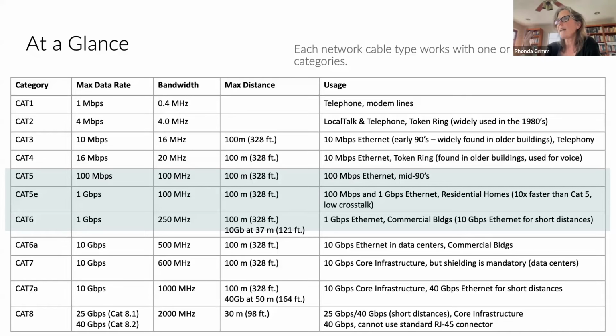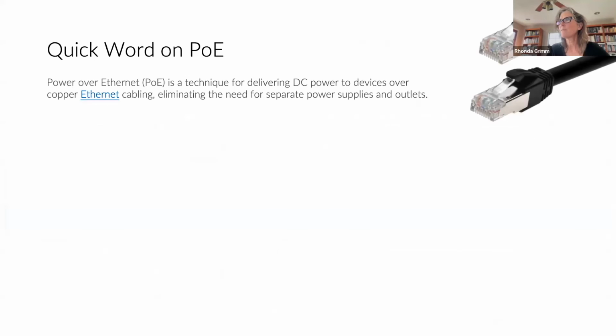Ethernet cabling on Cat 5, Cat 6 is 1 gig. You'll find that in commercial buildings as well. But you go all the way up to Cat 8, my Lord, 25 gigabits per second over short distances. The areas that you guys live in is really Cat 5, Cat 5e, and Cat 6 cabling.